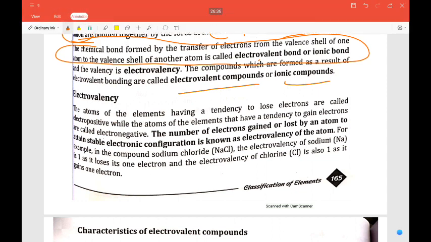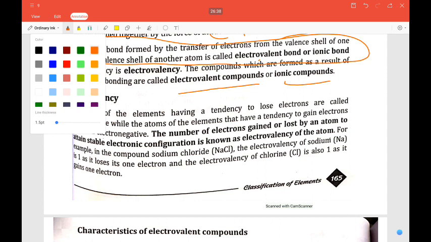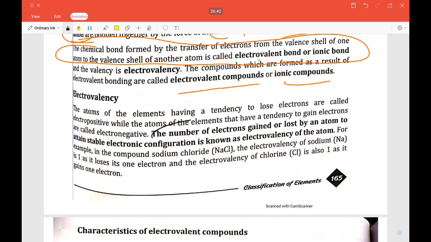I'm going to circle it so you see very clearly. The number of electrons lost or gained by an atom to attain stable electronic configuration is known as electrovalency of the atom.